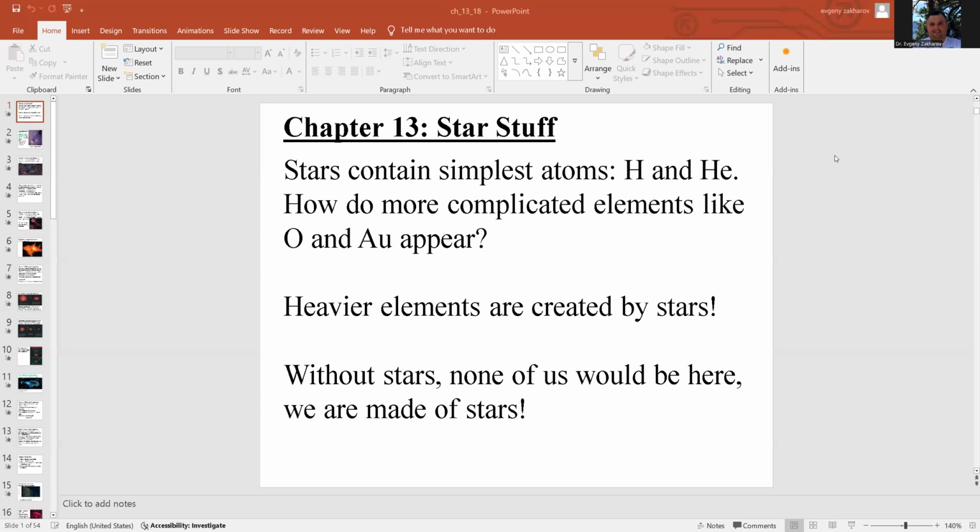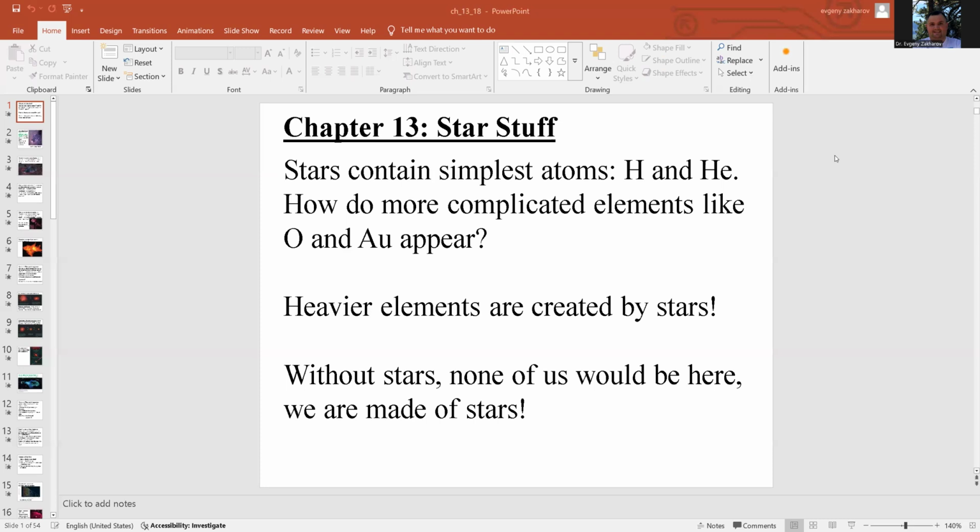So we are literally made of stars that have produced all of those advanced elements, and then those stars exploded and recycled all that material back into space, and that material got in contact with another hydrogen cloud.